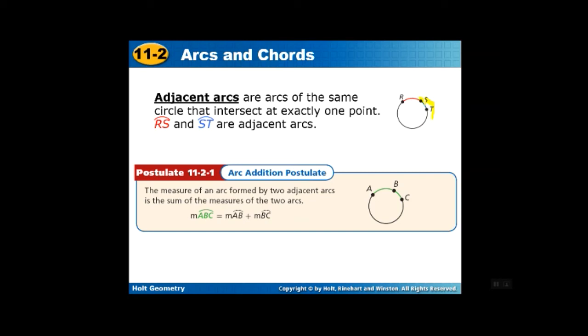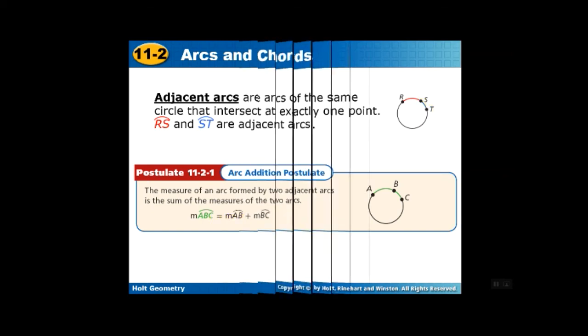If you remember the segment addition postulate and the angle addition postulate, if we have a segment divided into two parts, to get the full segment we add the two parts. It is exactly the same for arcs. If we want to find the measure of arc AC, we add AB and BC. This is the arc addition postulate, exactly the same as the segment and angle addition.